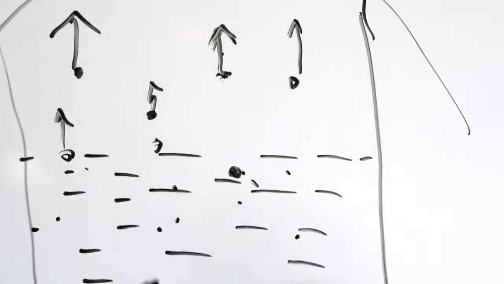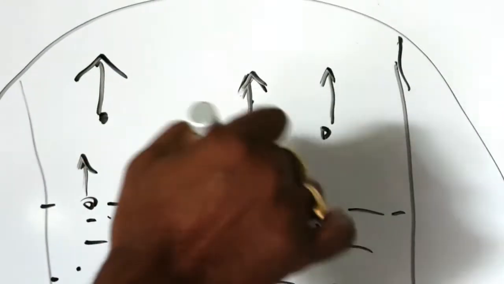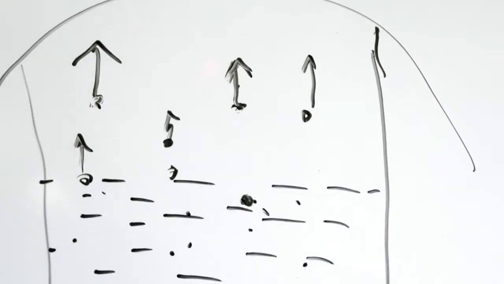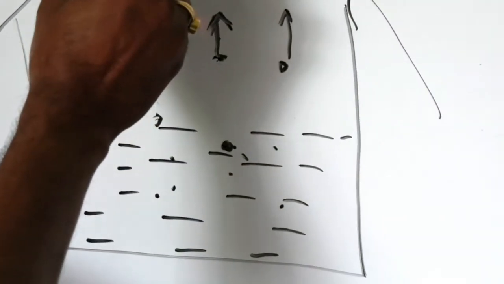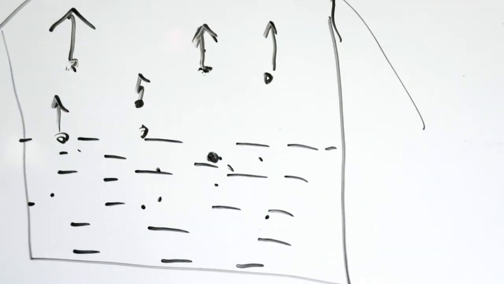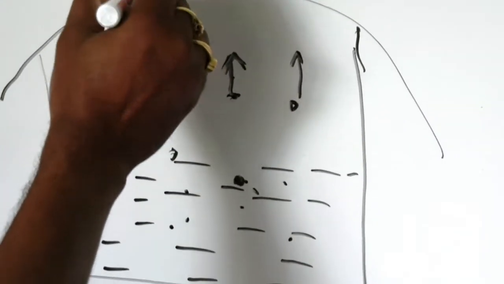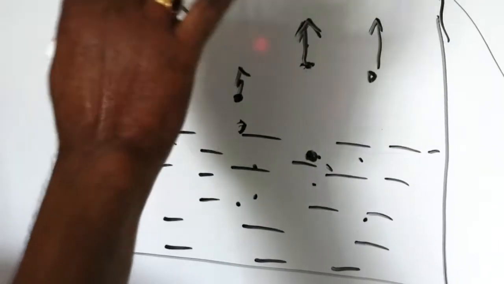And during the process of evaporation, when we are keeping the liquid in a closed vessel, the vapor of the liquid collides on the wall of the container, and again its kinetic energy becomes very less.